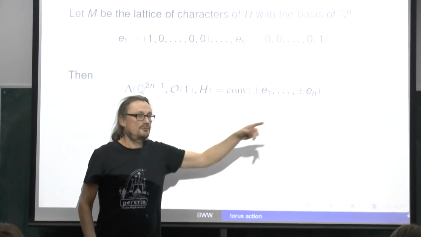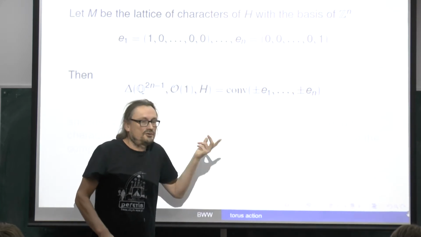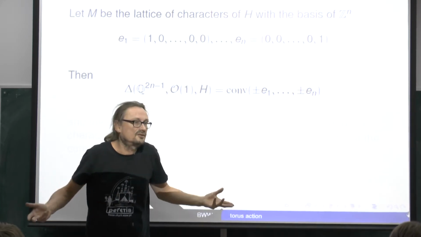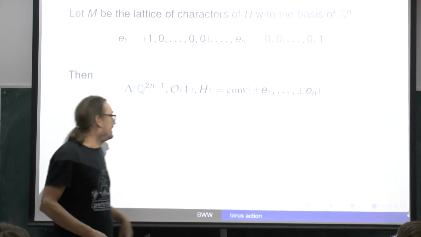I want to understand the torus action, so I'm taking the lattice of characters of this torus, and I'm taking L. Of course, L will be O(1), the restriction of the hyperplane section. Then, what will be the polytope? The polytope will be the convex hull of plus minus 1s, which were the characters associated to the action on the coordinates. So this is not an accident, right?